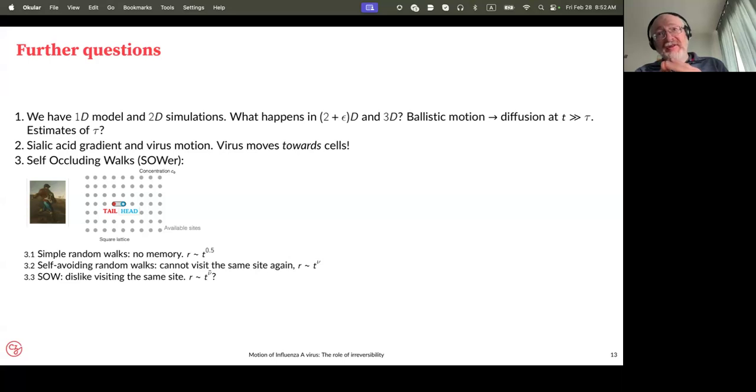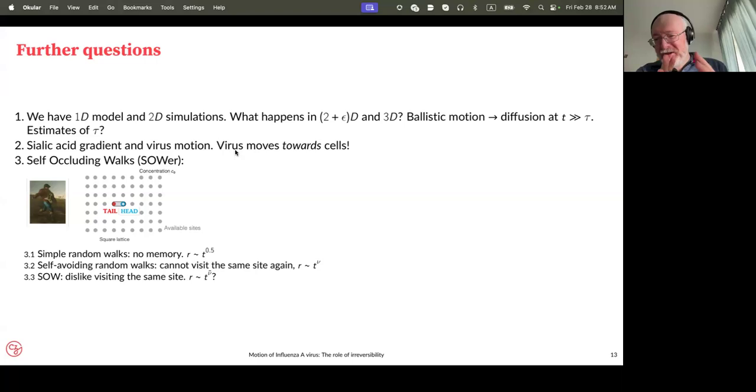And what the virus suggests is that there might be a third possibility, where you move around, and you don't like to return to the place you started from, but this is not a hard constraint.